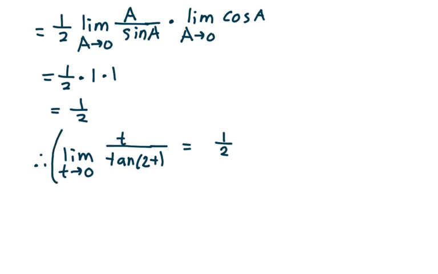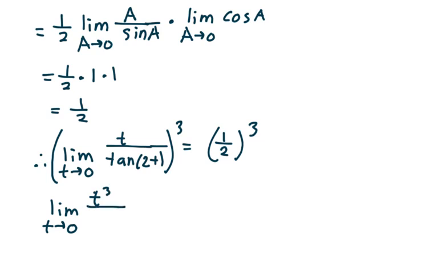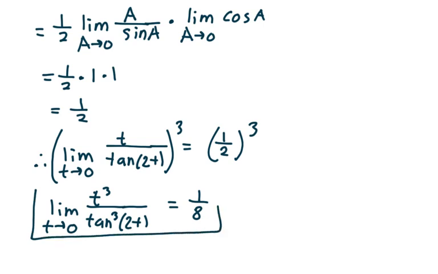So I'm going to raise both sides to the 3rd power. And what that tells me is that the limit as t goes to 0 of t cubed over tangent cubed of 2t is equal to 1/8. So I'm applying a limit property.